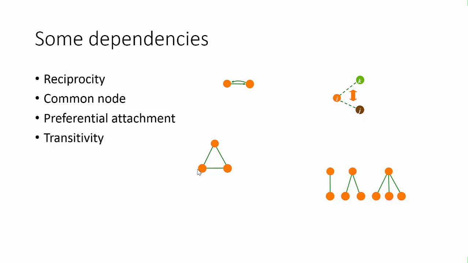But there's just a strong tendency to create these little closed triangles. One of the main processes by which we meet people is through the people that we already know. So that's a kind of dependency, right? It means that if this tie exists and this tie exists, the probability of the third leg appearing is much higher than by chance alone.